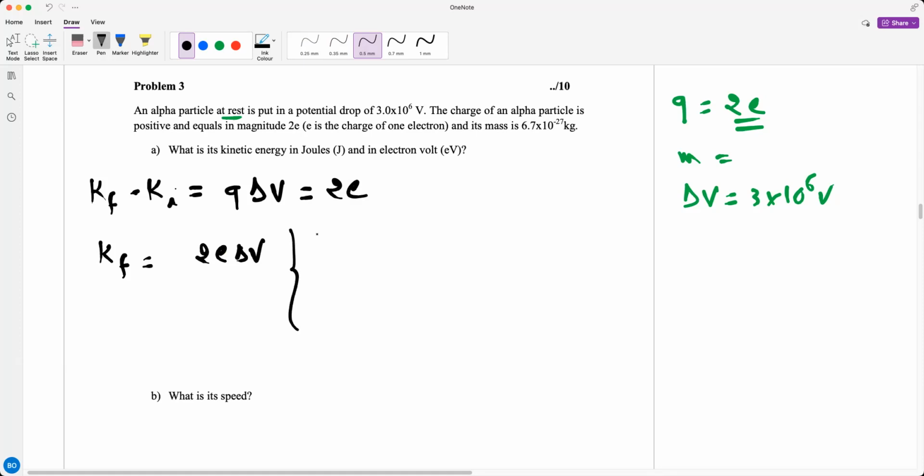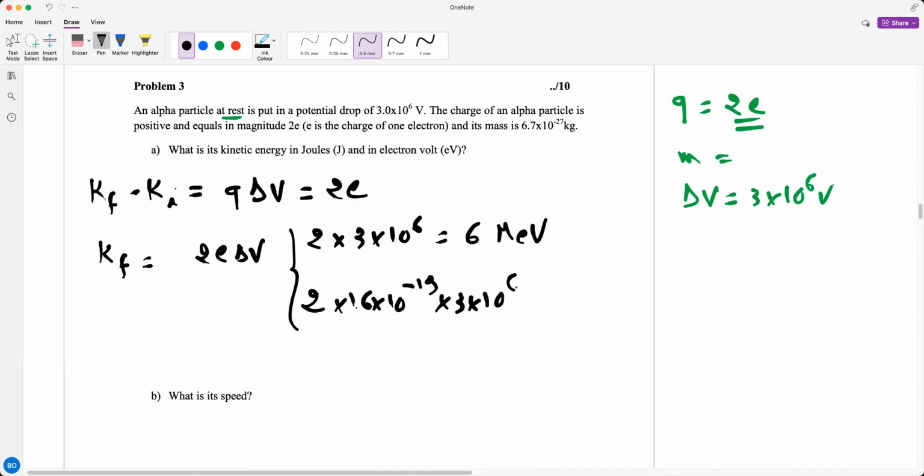And then you have to do the following. Either it will be equal to 2 times 3 10 to the power of 6, which is 6 mega electron volts, or you multiply by 1.6 10 to the negative 19 and then 3 10 to the power of 6 to find it in joules.